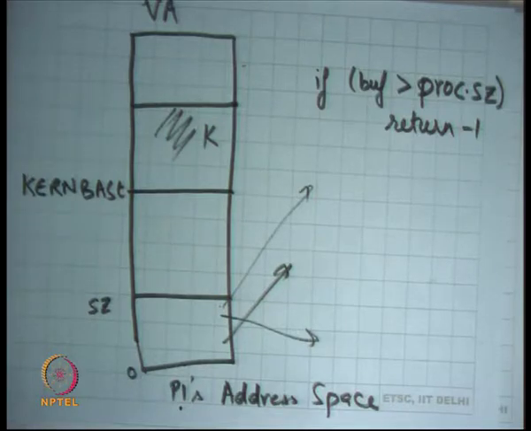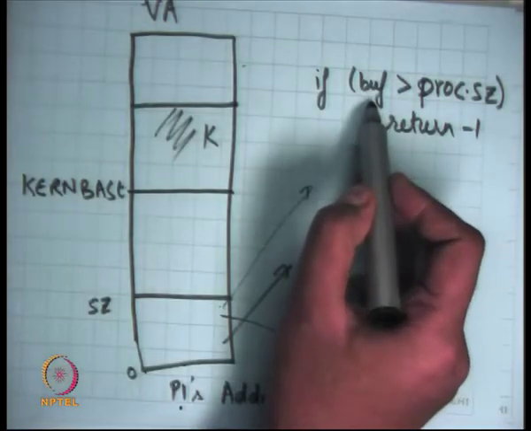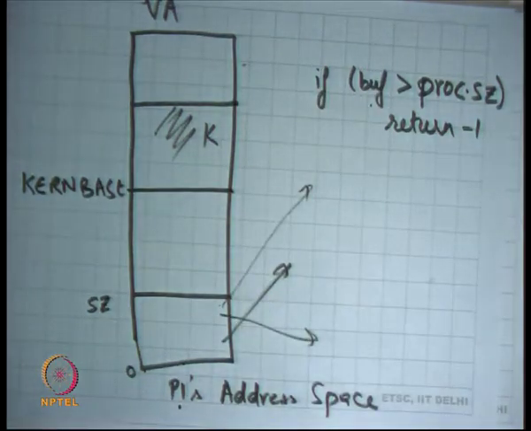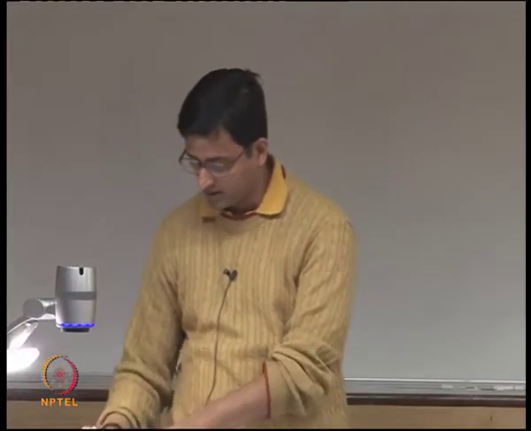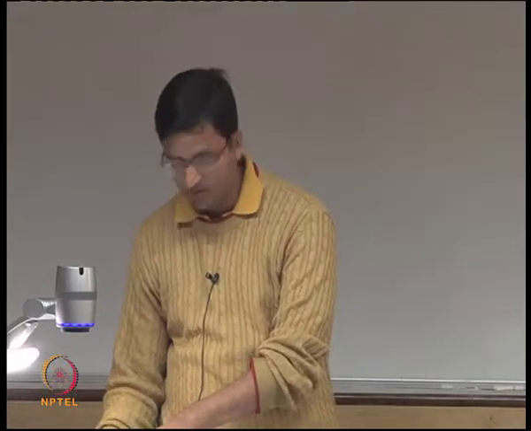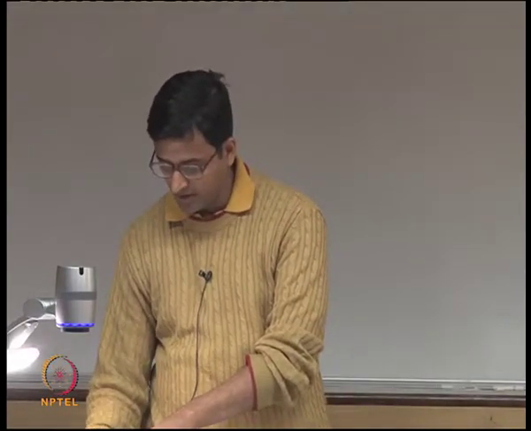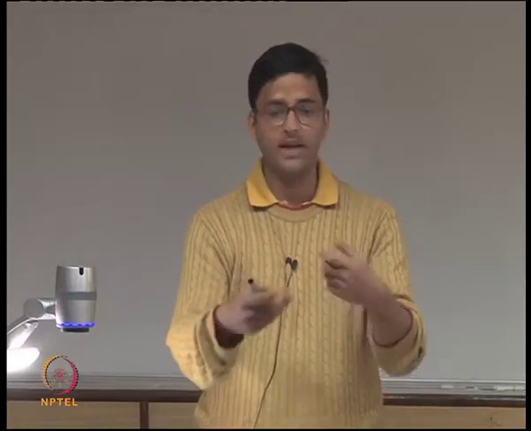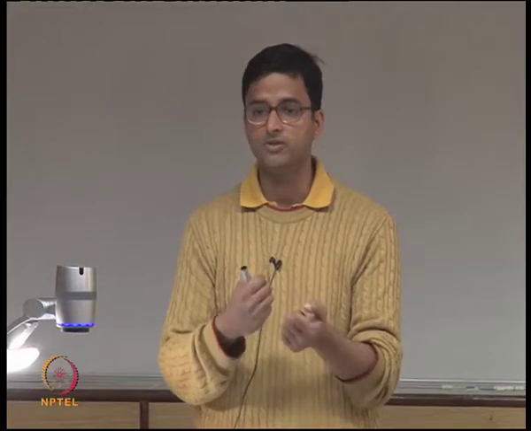Actually it's not so simple, because you don't just have to check buff, you should be checking really buff, buff plus 1, buff plus 2, all the way till buff plus size. So the question is, what's the minimum number of checks I need to make? Is it okay to just check buff? No, because I could have given buff here and buff plus size could be here, and so when I dereference buff plus 10 or something, it can cause a page fault, so that's not right.